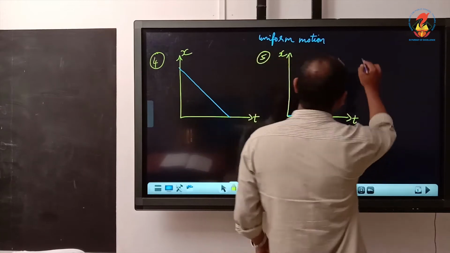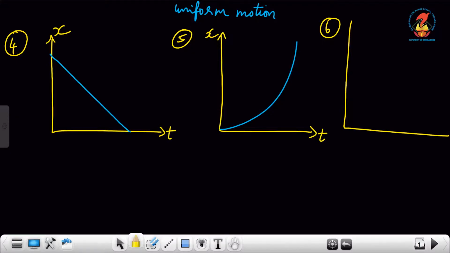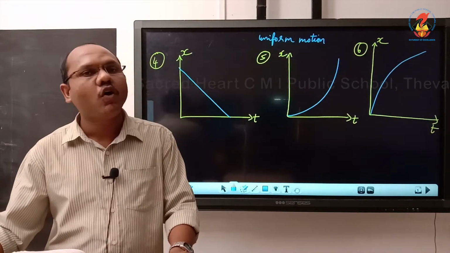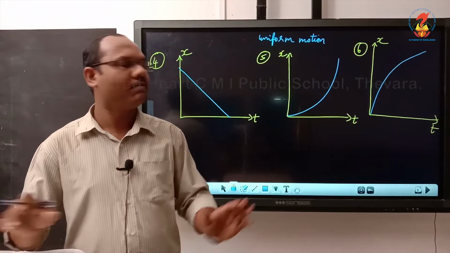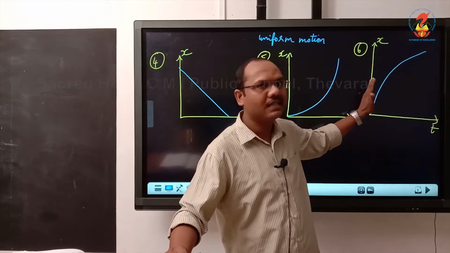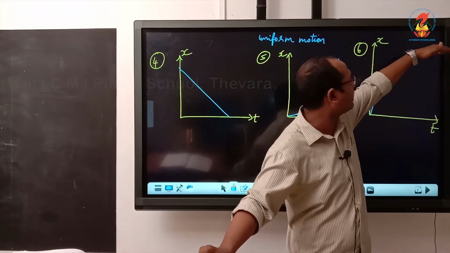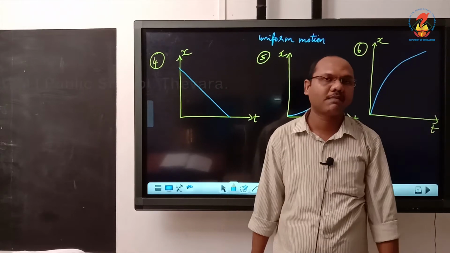Now next one, sixth graph. What is this? In the sixth graph you can see that the slope of the graph is decreasing, because first the graph is going like this, and then the graph is curving in this format, and then finally it will become parallel to the time axis.